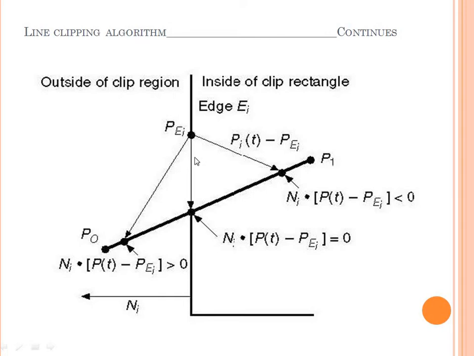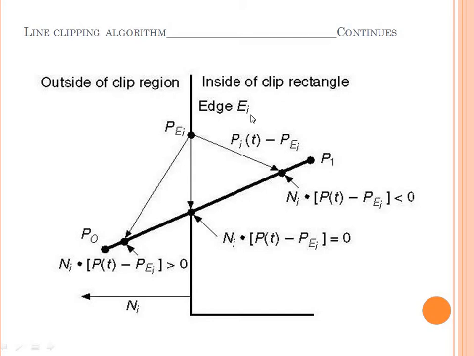So this is our rectangular window and this is our line, P0 to P1. According to the algorithm, this is the edge, and the edge is Ei.